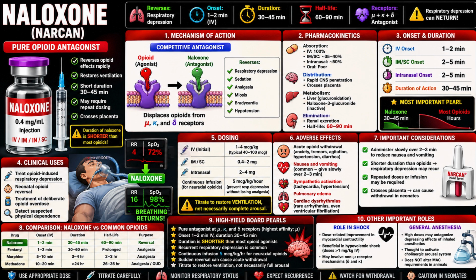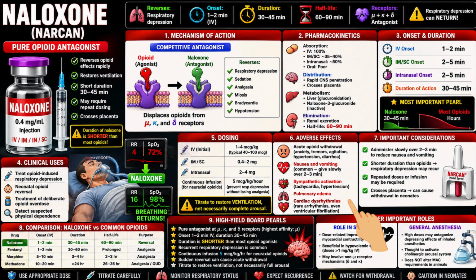But it's often possible to titrate naloxone carefully in small incremental doses so that ventilation is partially, but adequately, restored, while still preserving some meaningful analgesia. This is a real balancing act, and it's exactly why naloxone should be given slowly and titrated, not blasted in as one large dose whenever possible.